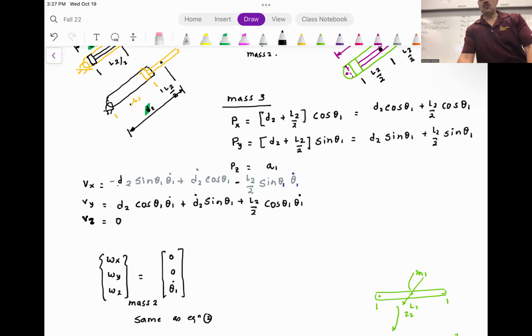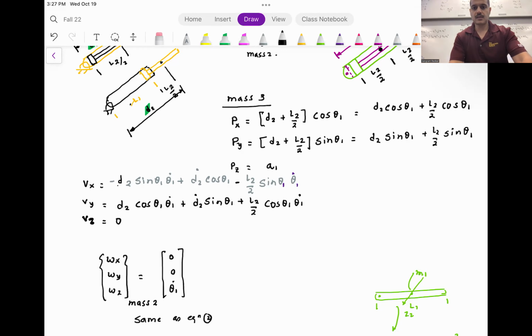Okay. Now, what I want to do is, we got these equations. Now, bear with me for a second. I want to share the screen and I want to code this inside MATLAB.